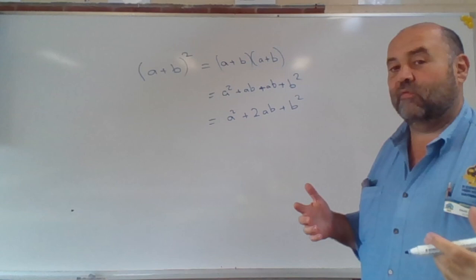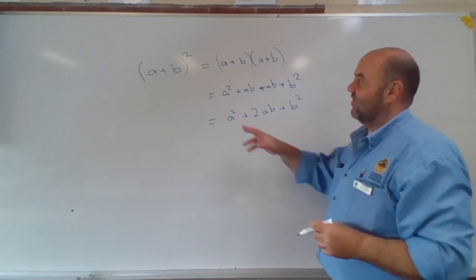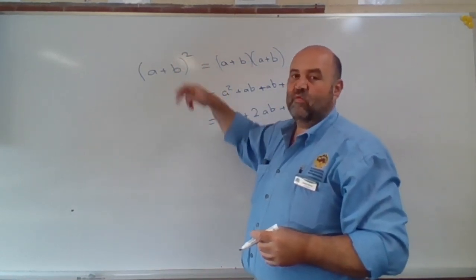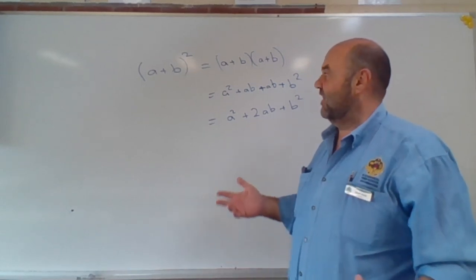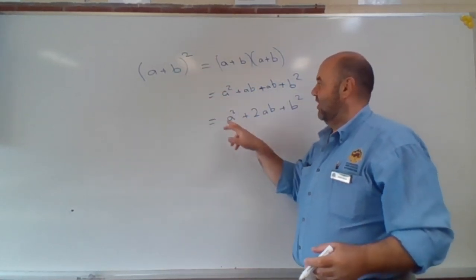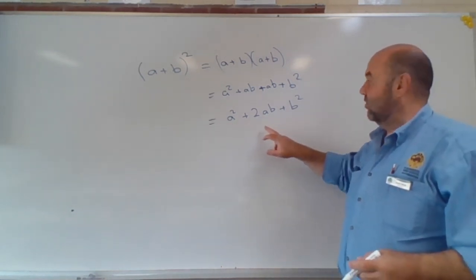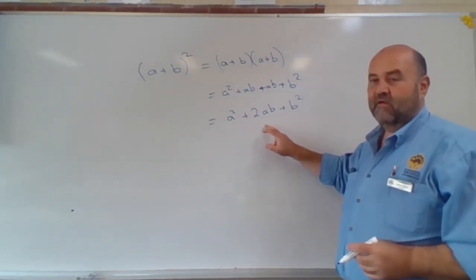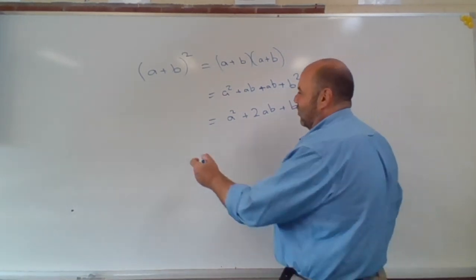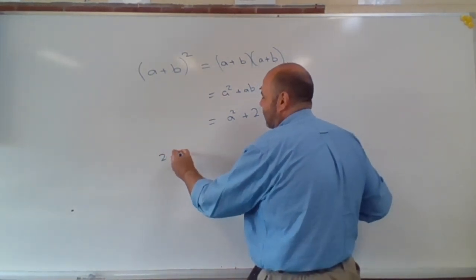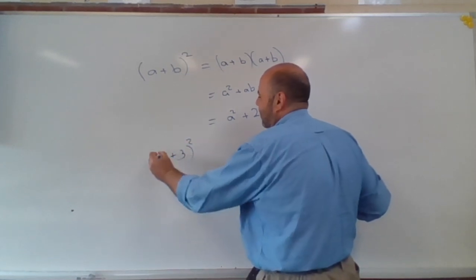Now, a lot of people make this very silly mistake. They look at (A + B) squared and think that's going to be A squared plus B squared. That's not the case. (A + B) squared has an A squared and a B squared, but there's also this 2AB. And you can verify that with simple numbers. What is (2 + 3) squared?